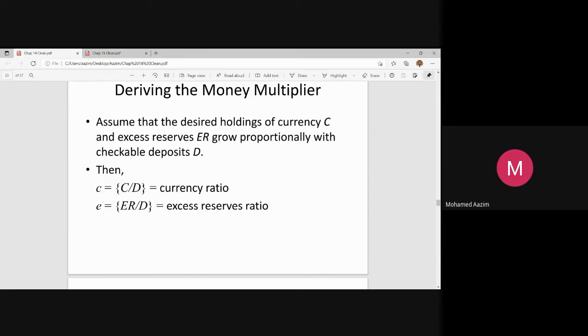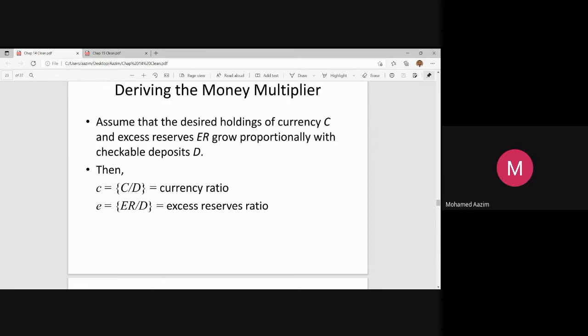From 100,000 to 1 million, yes, there's an increase in currency holdings, that's for sure. If 100,000 rupees is the checkable deposits now, people might be holding, let's say, 10,000 in currency. And you require about 4% being kept with the central bank, that means 4,000, but you are keeping 5,000.